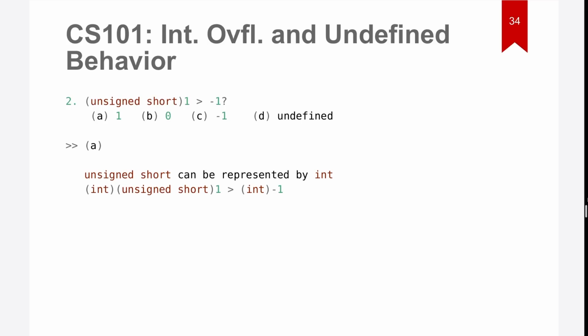Unsigned short, not unsigned integer. Yes, that fits into integer, and so that means we can cast both to integer, and 1 greater than -1 is correct, so we have 1, which is true.